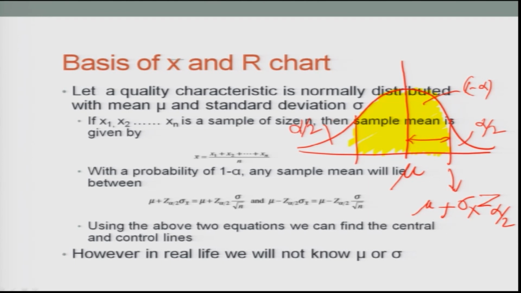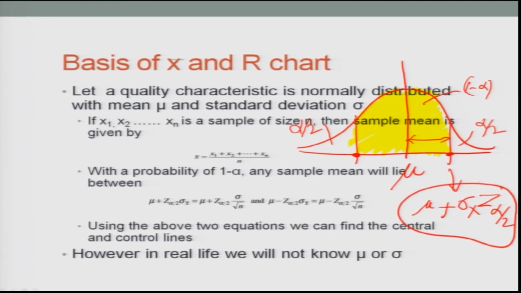So, the z value which you are taking here would be plus z alpha by 2, and the z value which you are taking here for the standard normal deviate would be minus z alpha by 2, minus being because it is on the left hand side. So, now if you want to find out the probability that any sample mean will lie between that, what we have to do is find out the limits.